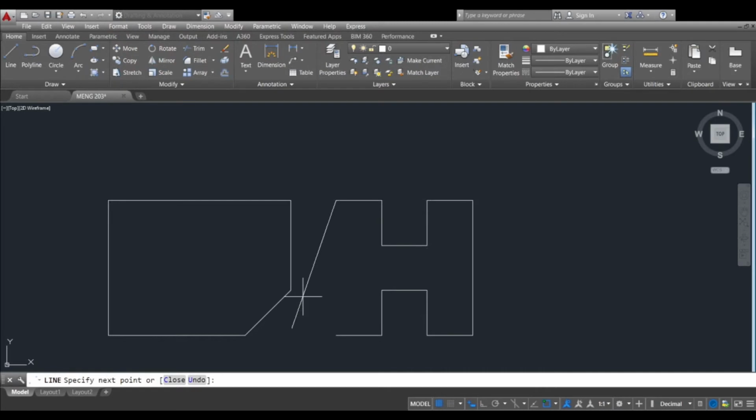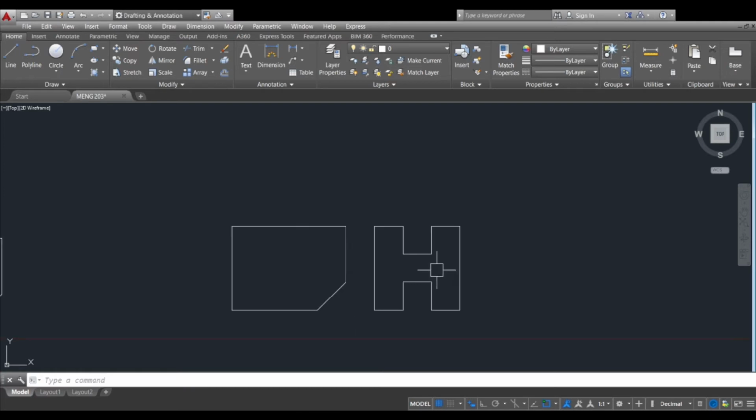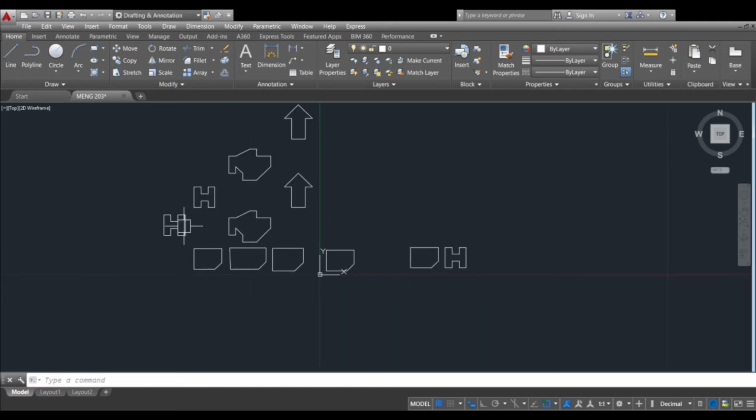At 3 angle, let's try the 270. Okay, so the figure now is closed. And so as you can see, we have three of the same figures, but using different data entry methods.